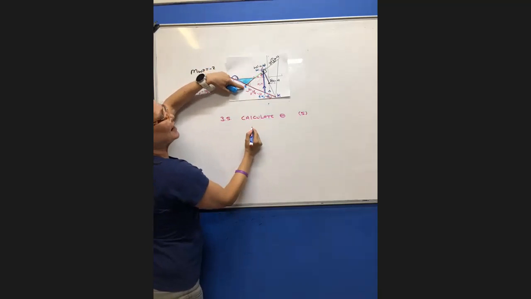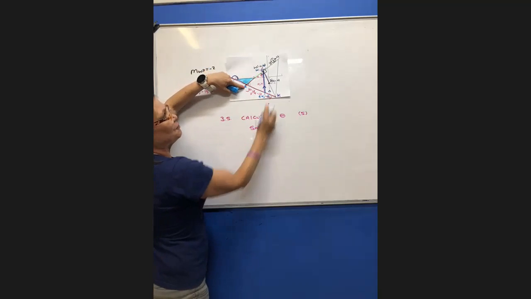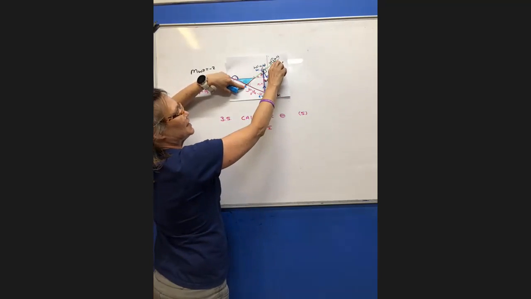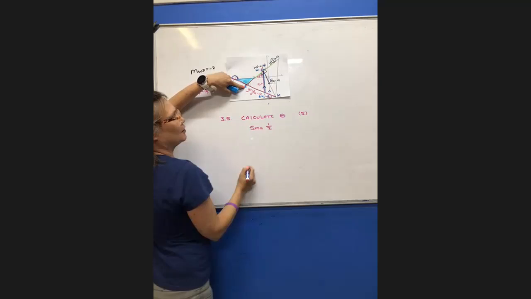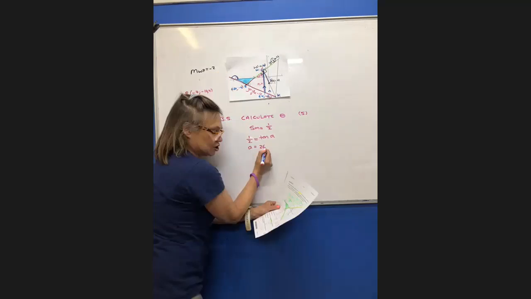So I've got the gradient from S to M. It's positive a half because they gave me that. Now I've made that a half equal to tan of the angle, which is approximately 26,5, and that angle is vertically opposite to this one.